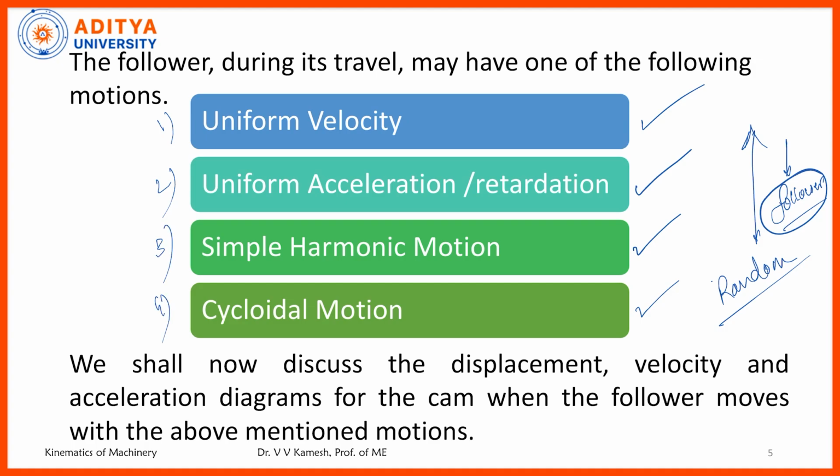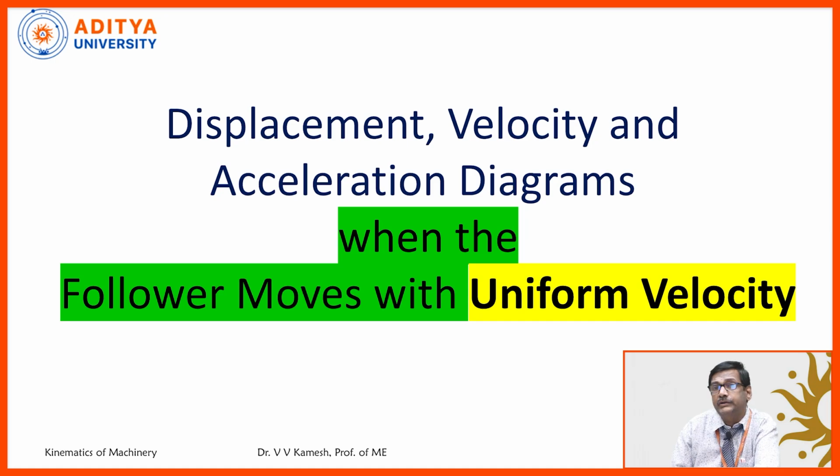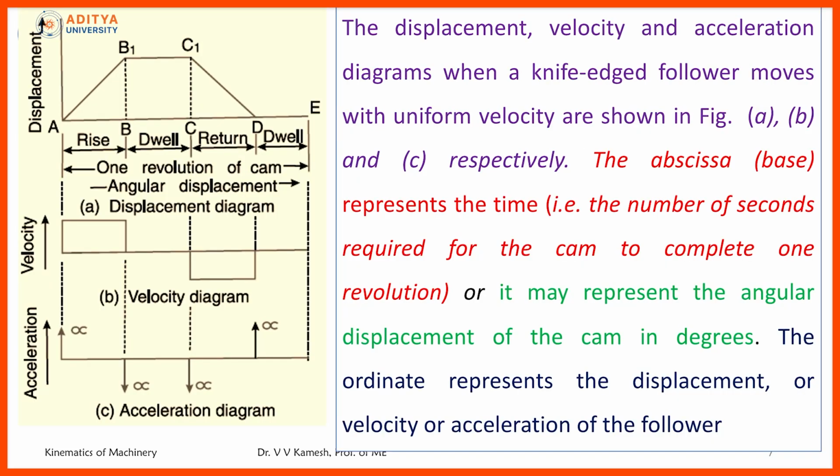So, we shall now discuss the displacement, velocity and acceleration diagrams for the cam when the follower moves with the above mentioned motions. Initially we will discuss the diagrams when the follower moves with uniform velocity.